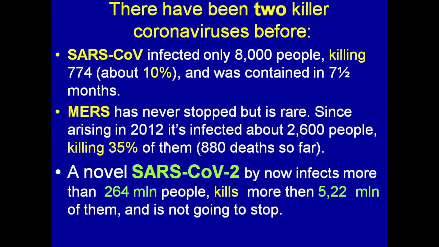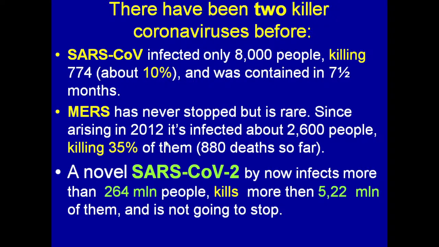The infections are still going on at a very low level, but MERS didn't disappear from the human population, my dears. So two very related viruses, with absolutely different epidemiological features of the disease.